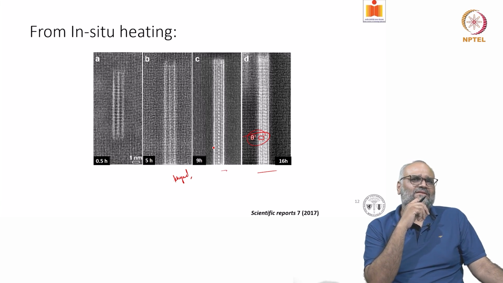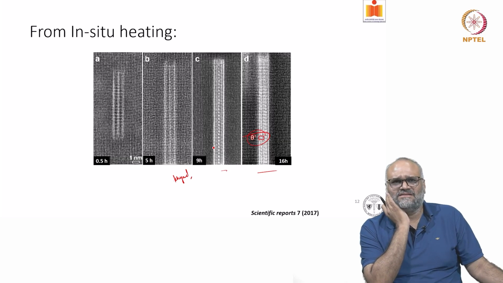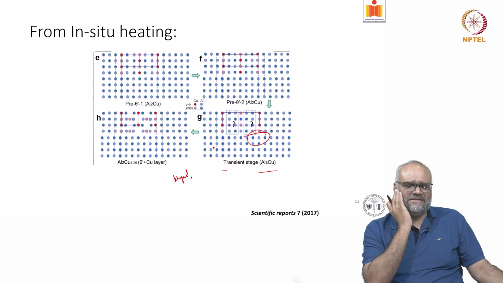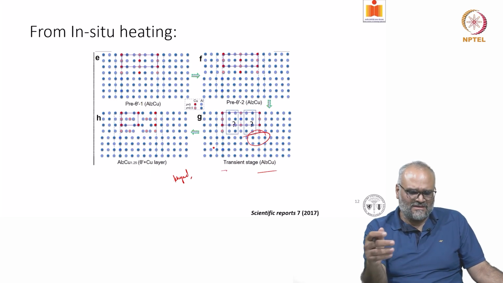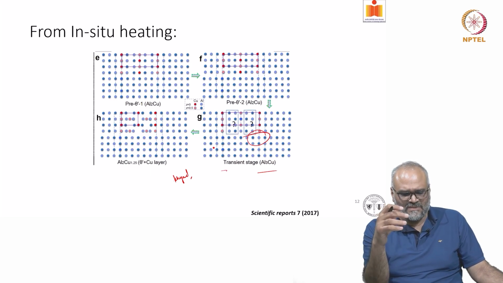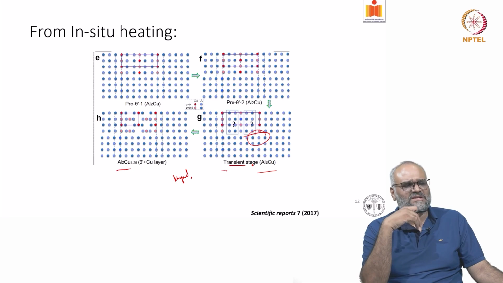And when we did some DFT calculations, we observed that there are different stages of this particular precipitate. It is pre-theta prime 1 and then pre-theta prime 2, and then we had another layer like this, and there is a transient stage which is prior to the formation of an equilibrium precipitate.